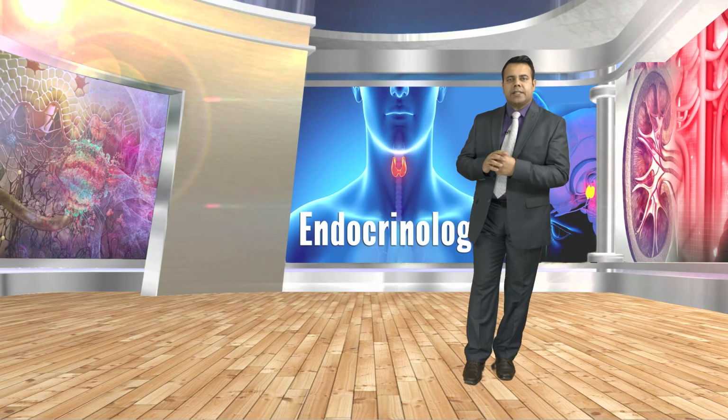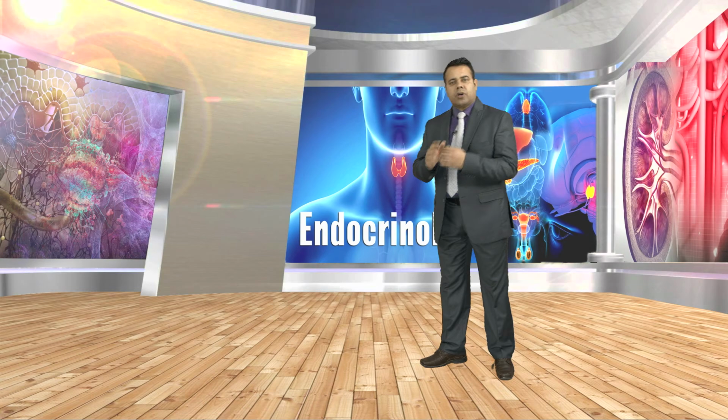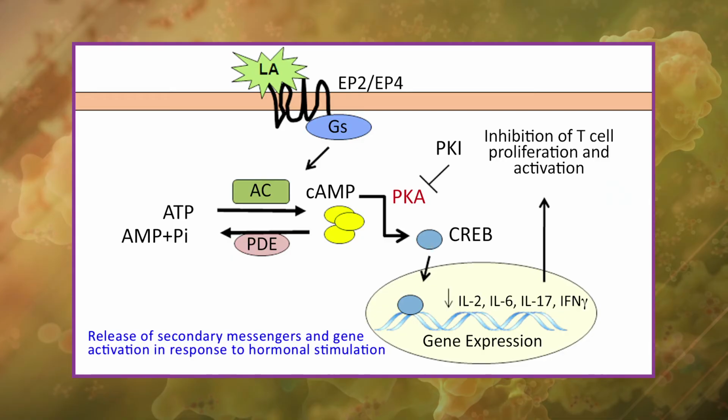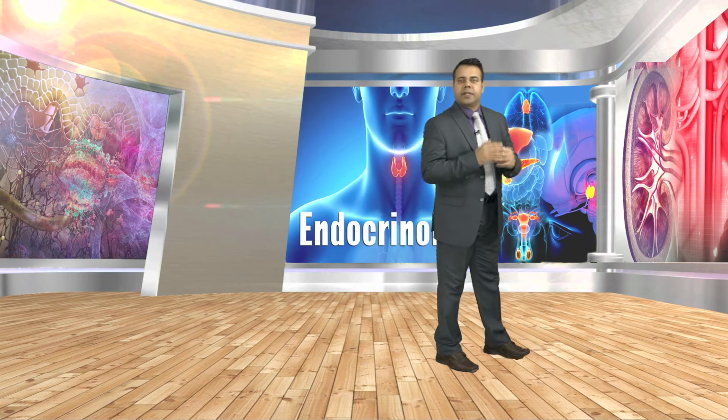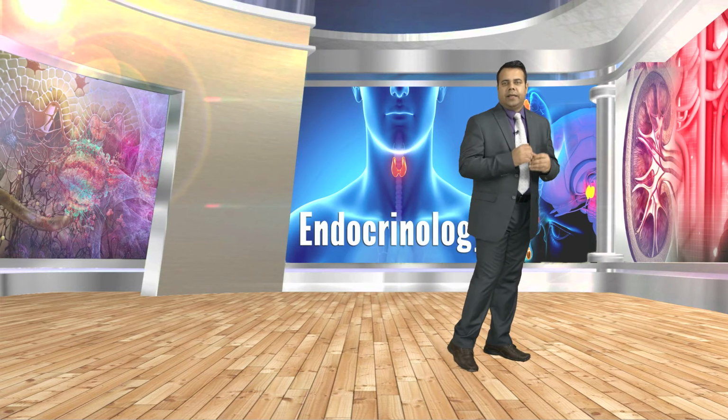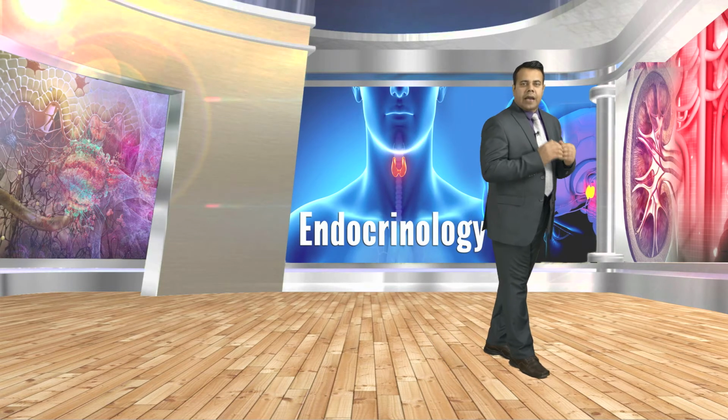In other instances, stimulation of an endocrine cell surface receptor causes increased cyclic adenosine monophosphate or cAMP and subsequently activation of protein kinases that initiate secretion of the hormone.